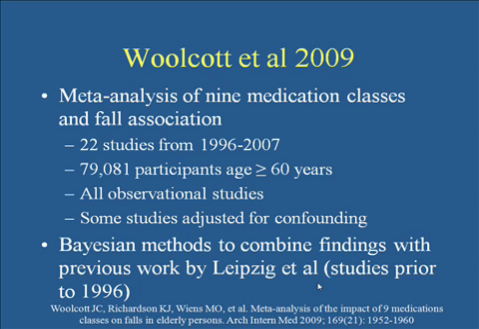They basically found a very large number of participants, almost 80,000 participants, greater than or equal to 60 years old. And they took these 22 studies, some of which now were adjusted for confounding, so a little bit more robust data possibly. And they used this technique called Bayesian statistics to combine the findings from the previous work with the studies from '96 forward to have a larger pool of information.